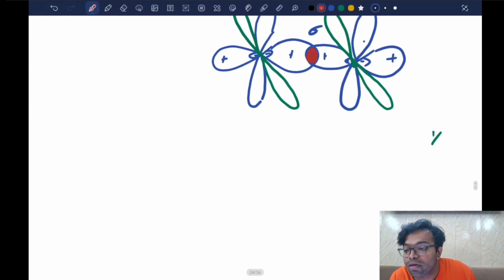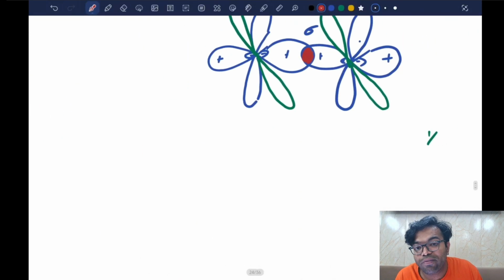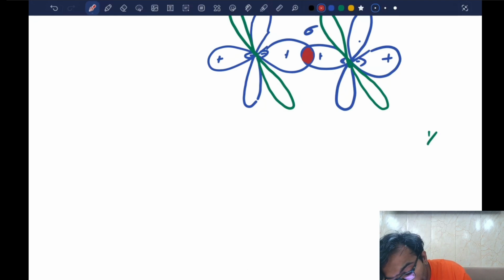Now you are also left with two other hybrid orbitals, right? So every single carbon now has two sp orbitals. One of the sp orbitals of both the carbon atoms overlapped to form the first sigma bond. The second orbital is going to overlap with, let's say, hydrogen.